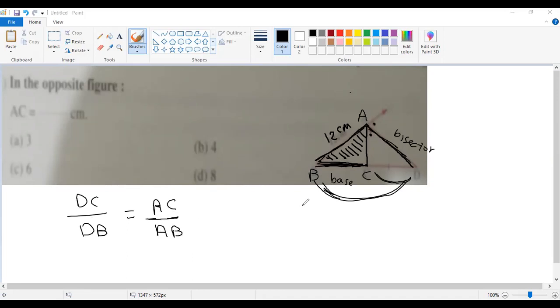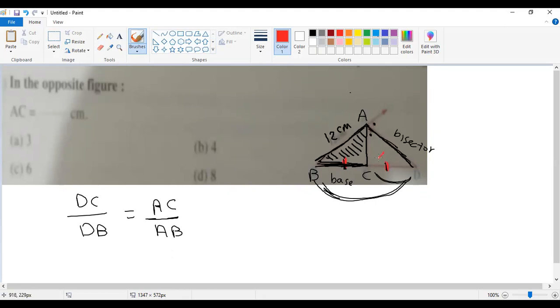And actually, I don't have the length of DC and I don't have the length of DB, but they are equal sides. This side is equal to this side.